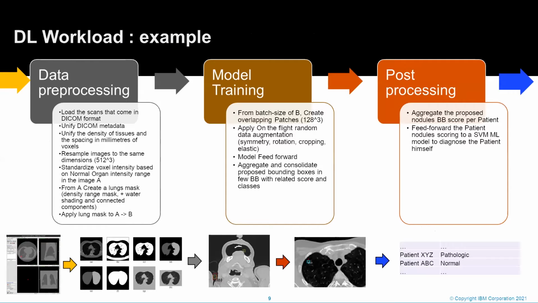Here is the example we've worked on with Maxime. Again, it's a complex pipeline for medical image processing, for lung cancer detection, where we have to detect malignant nodules in the lungs from 3D scans. We received thousands of 3D scans from patients that have been annotated by radiologists.